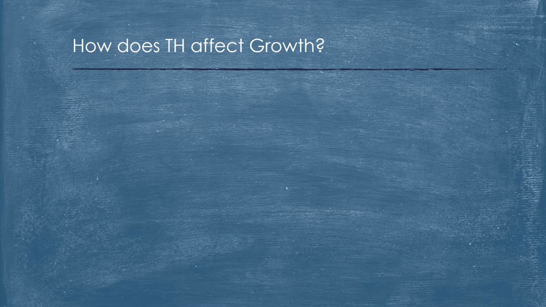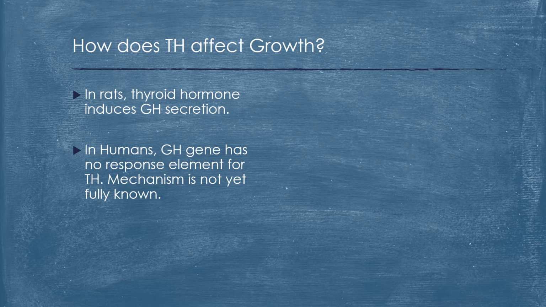Okay, how does TH affect growth? In rats, it is found that thyroid hormone induces GH secretion, but in humans there was no response element for TH. So the mechanism is not yet fully known, although it is very essential for growth.